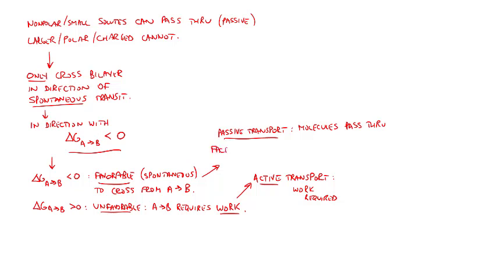Or we can have what's called facilitated transport, in which it is catalyzed. Now notice that for active transport, there is no possible situation where your solute would simply diffuse across the lipid bilayer in the direction of unfavorable transit. That simply doesn't happen. And the reason that doesn't happen is because active transport basically requires the participation of membrane proteins. So we're going to talk about this in some depth.